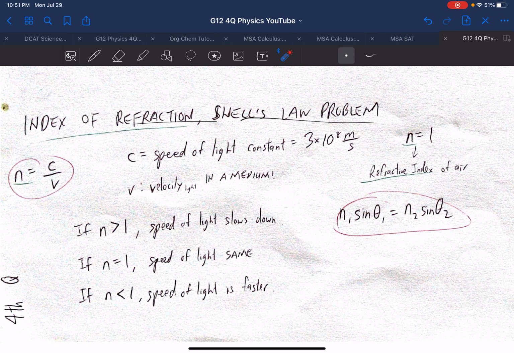And yes, the refractive index of air is supposed to be N equal to 1. And another formula, I guess this is on Snell's law problem. N1 sine theta 1 is equal to N2 sine theta 2.